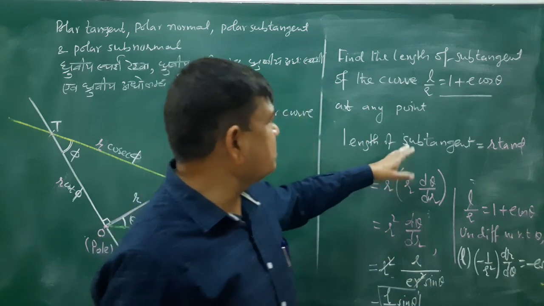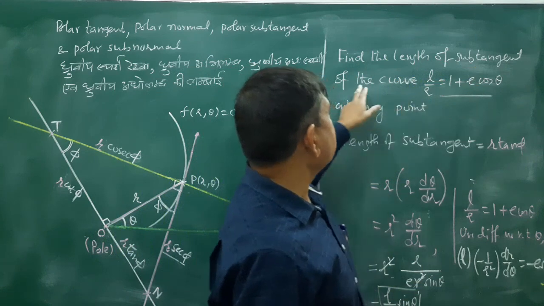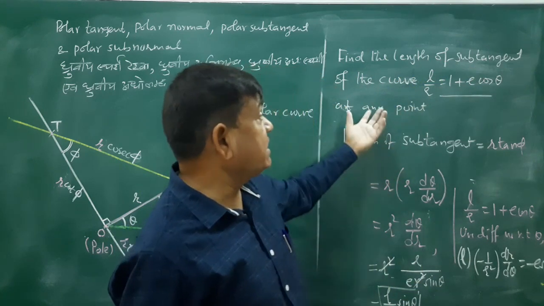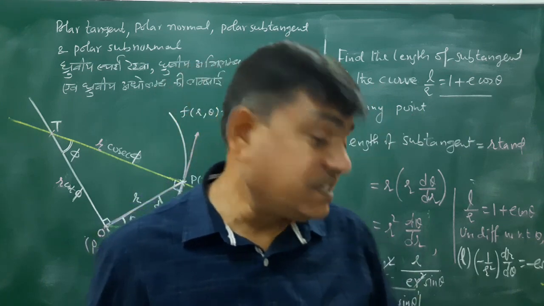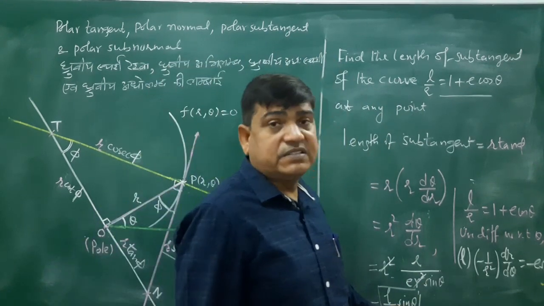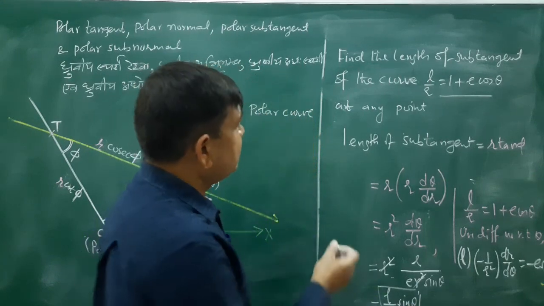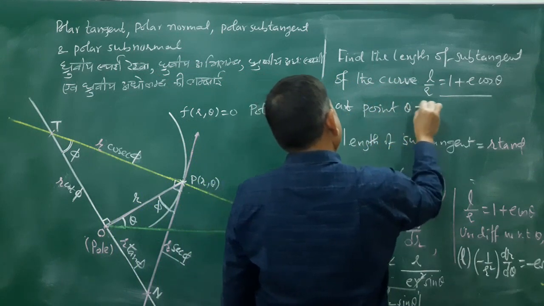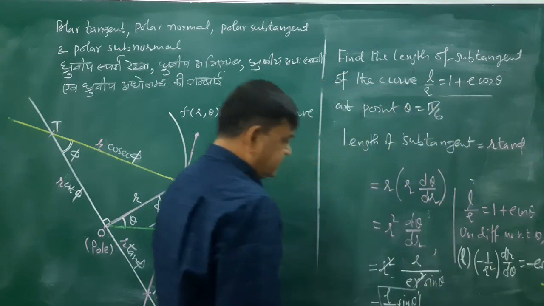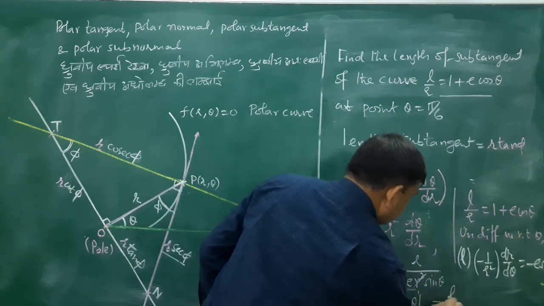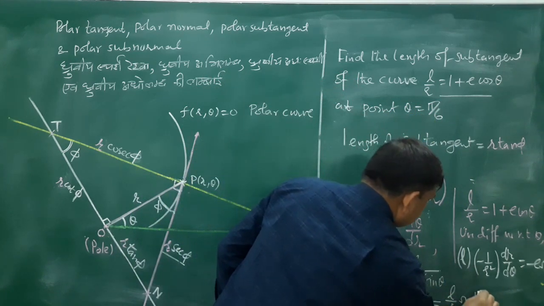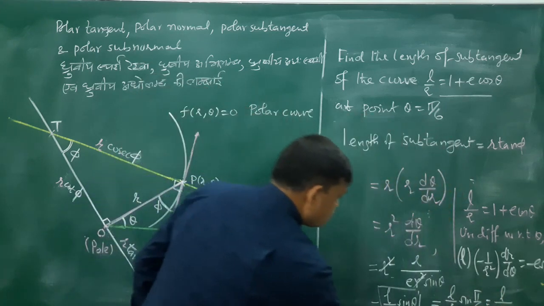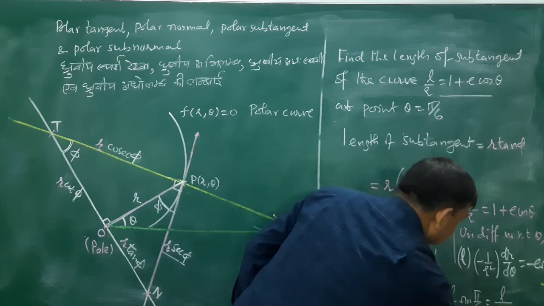Suppose theta is given. Suppose I say find the length of subtangent of the curve at any point, then this is the formula. But if I say at the point theta equals pi by 6, then you write theta as pi by 6 and you can find the particular answer. So it will be L by e sin pi by 6, which is L upon 2e.